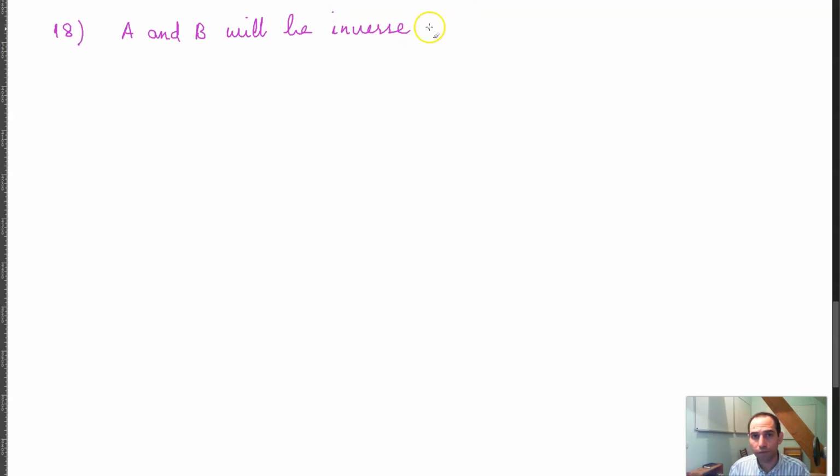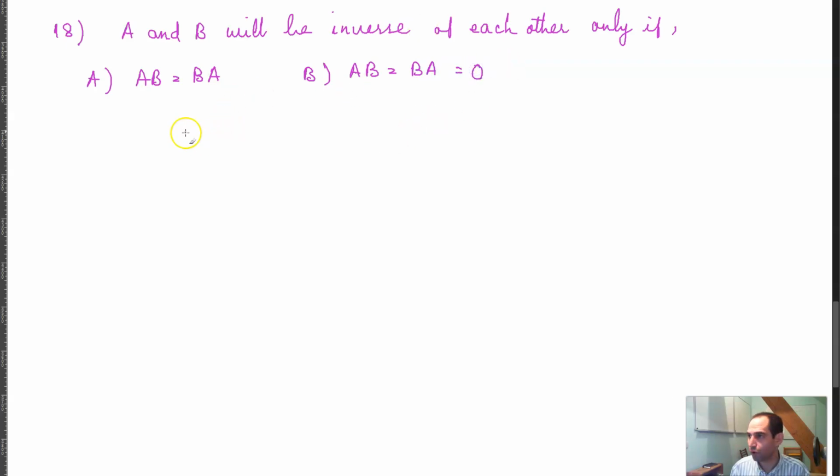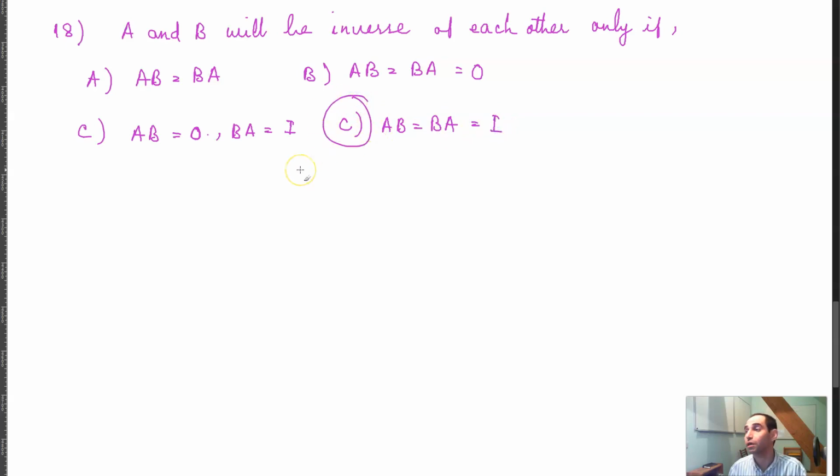of each other only if, choice A, AB is equal to BA; choice B, AB is equal to BA is equal to 0 or O probably; choice C, AB is equal to 0 or O, and BA is equal to I, which is not the case; and choice D, AB is equal to BA is equal to I, which you know is the right answer.